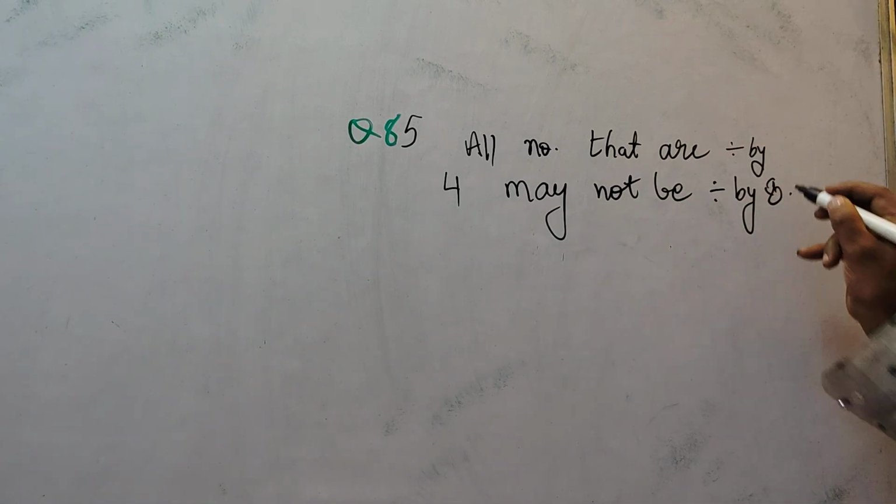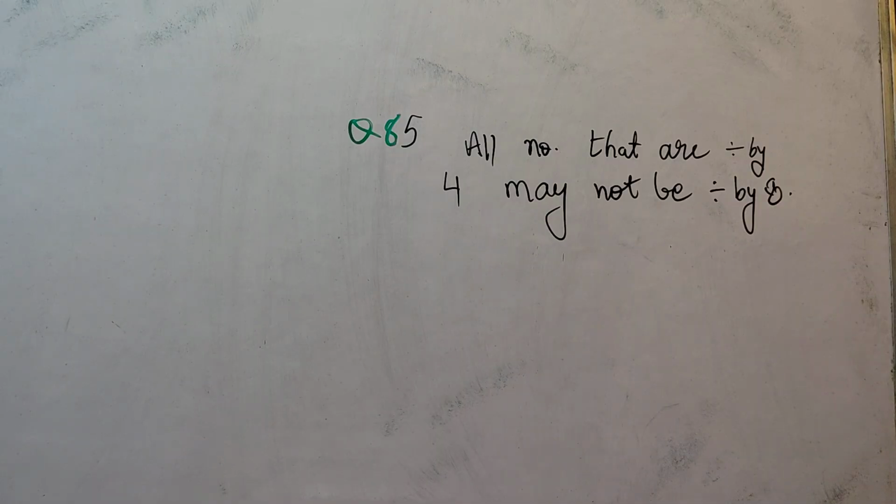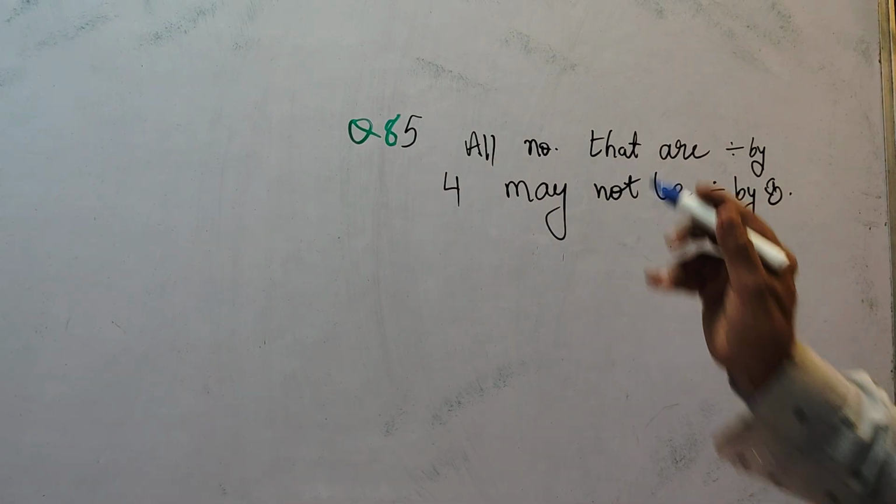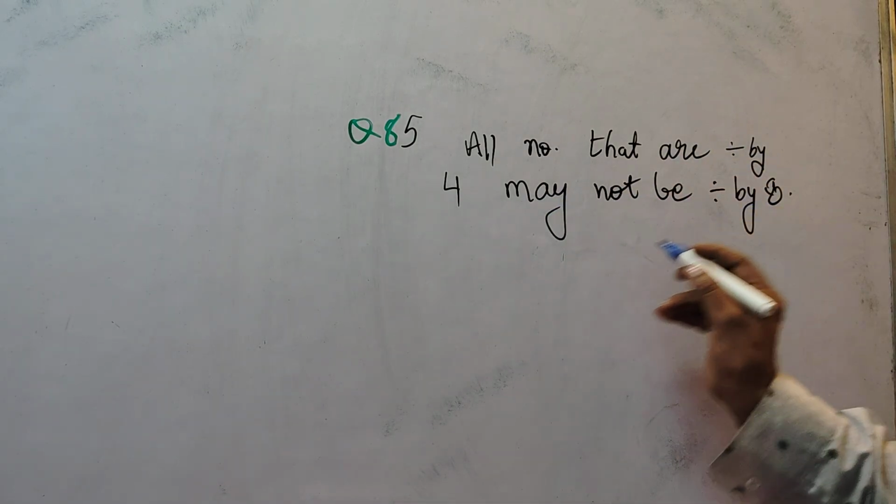Is it true or false? I think you have done this one correct also. 85th, true. Yes, because all the numbers that are divisible by 4 may not be divisible by 8.